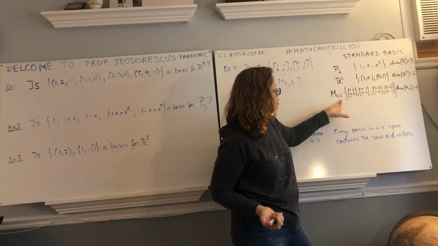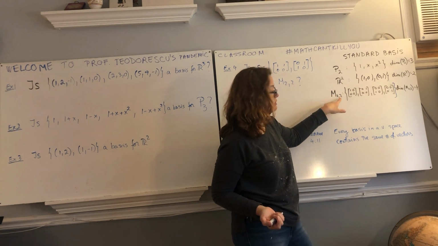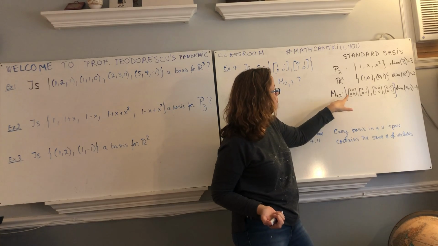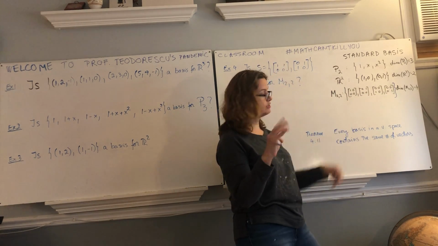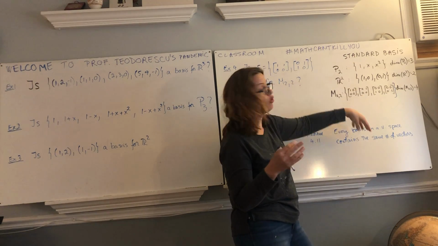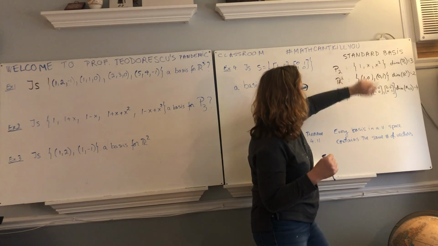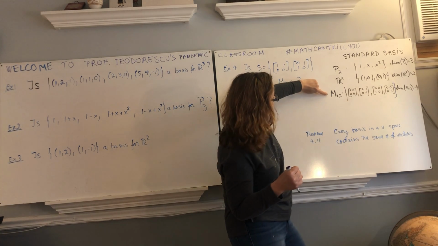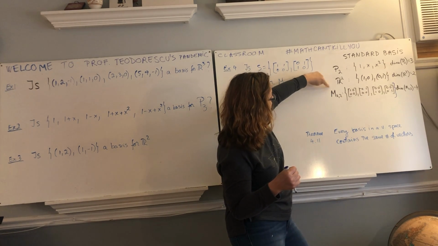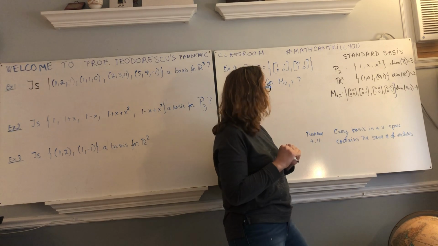The dimension of the vector space M22 is 4 because the standard basis has 4 objects. So all of these things are called vectors. The polynomials are called vectors, and these are called vectors, in the context of these three sets being vector spaces.